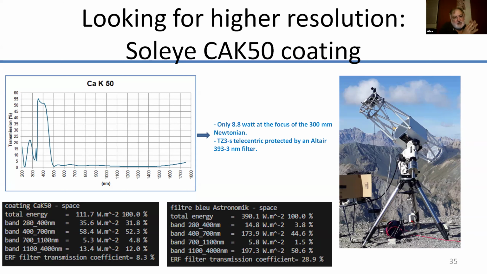To give you an idea, I was able to make some pictures from my garden. I'm living in a suburb of a little city, so I have houses all around me in all directions, and I was able to use the 250 millimeter dual band, not on a mountain at 3,000 meters, but in my area at 300 meter level. So I really have the feeling that this dual band coating, or this mirror coating, is the way to go.